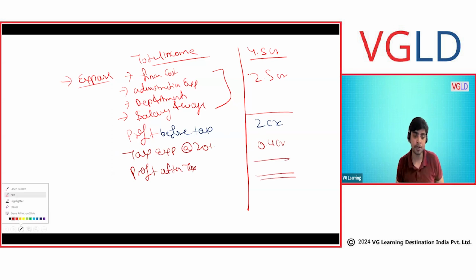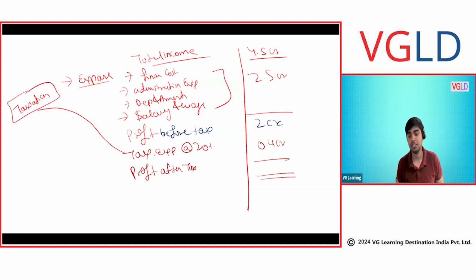A very, very important component, and even a separate subject, taxation, as part of your ACCA course. 1.6 crore. This is your profit. Tax we need to pay on profit, says Dia. Good answer. But to whom do we pay tax? The compulsory payment made to the government. Very good answer, Shreya.